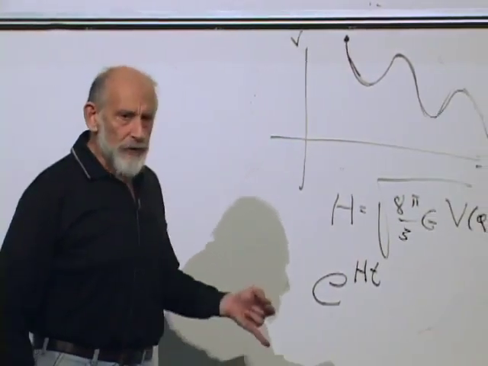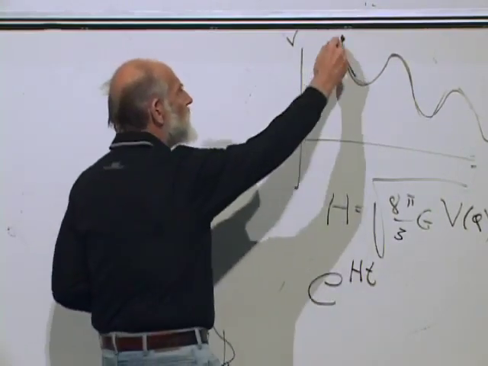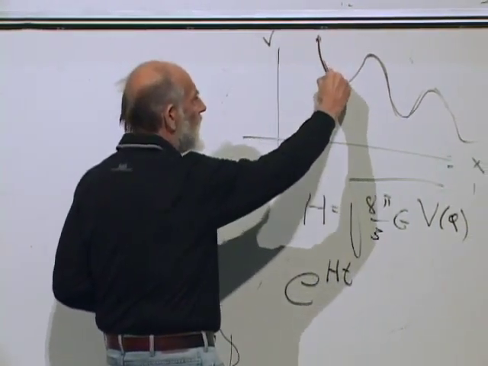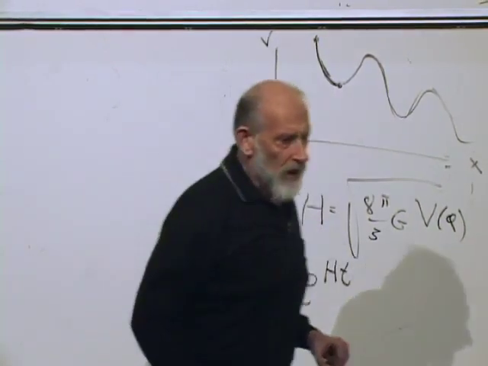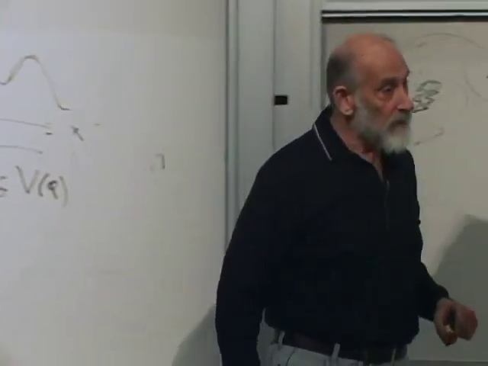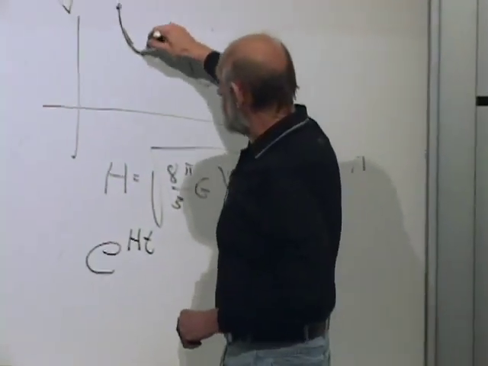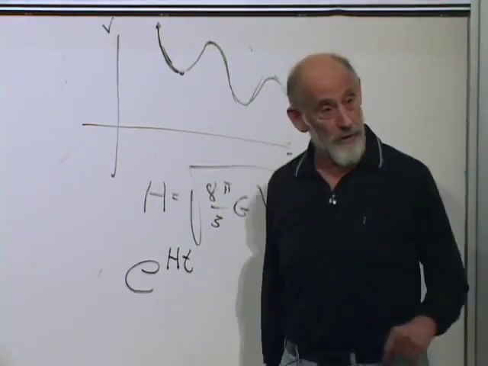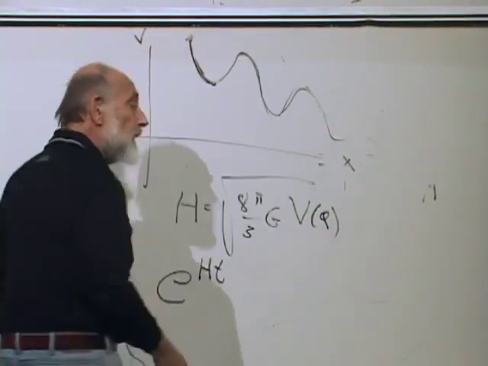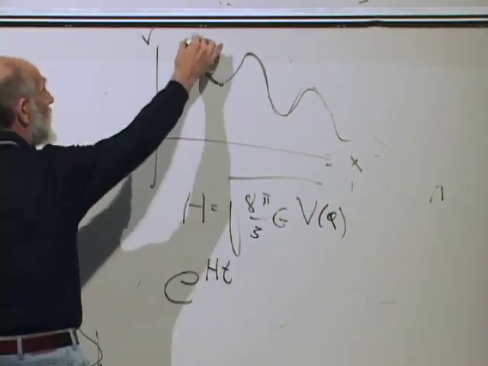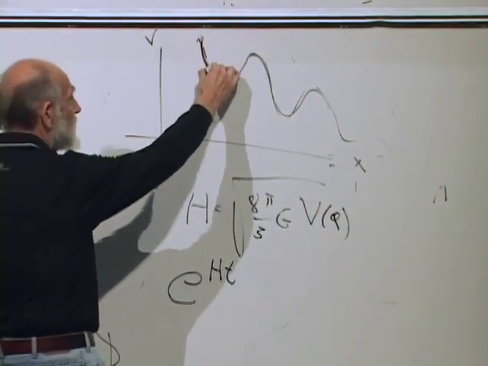If there's a lot of friction, you might roll down the hill here and just get stuck at the minimum. The minima really are places where the field would just be constant. If you started the field over here, it really wouldn't be constant. It might roll down.